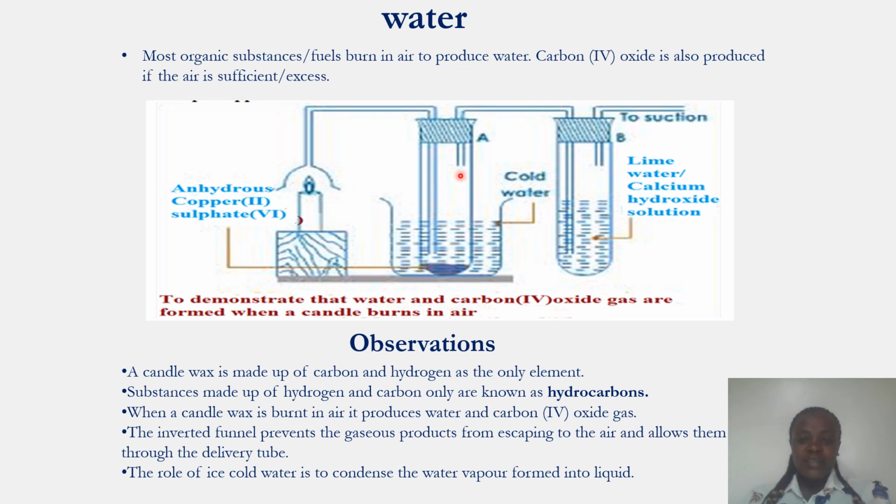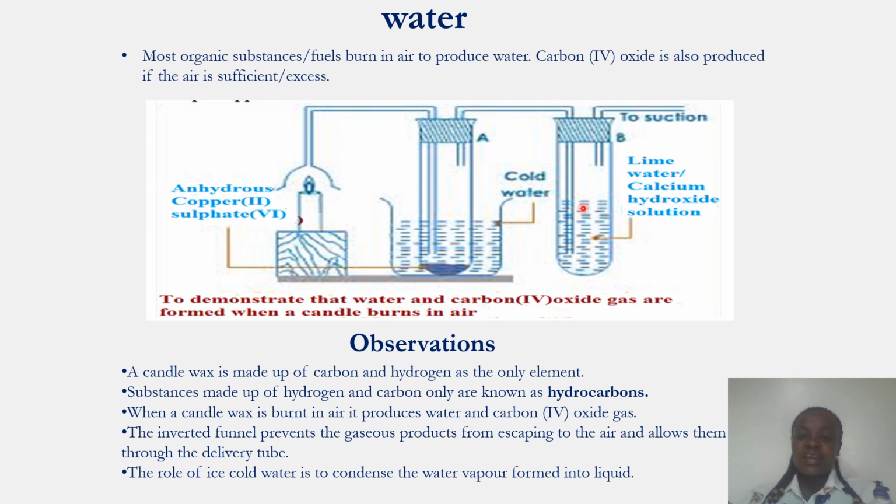The other product will be moving again from this first test tube through this delivery tube to the other test tube B. So the other product will now be collected in the other test tube here, where there is lime water, or the other name of lime water is calcium hydroxide solution.